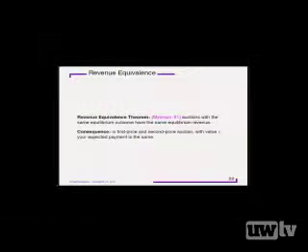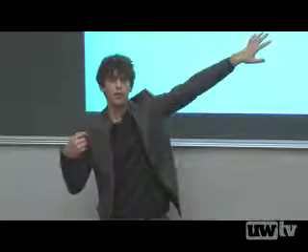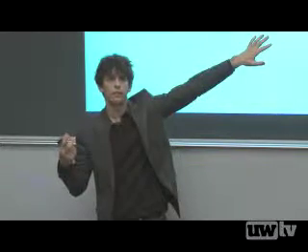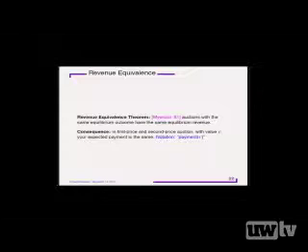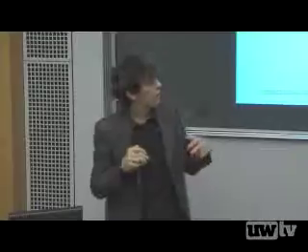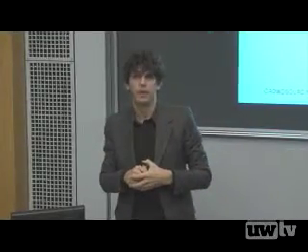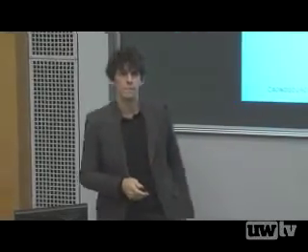Because of this, if I know your value, I know your expected payment regardless of the auction, so I'll just use the notation payment of V. If I'm doing a first price or second price auction, I don't care. If I want to know the payment of the player with value V, I'll just call that payment of V.